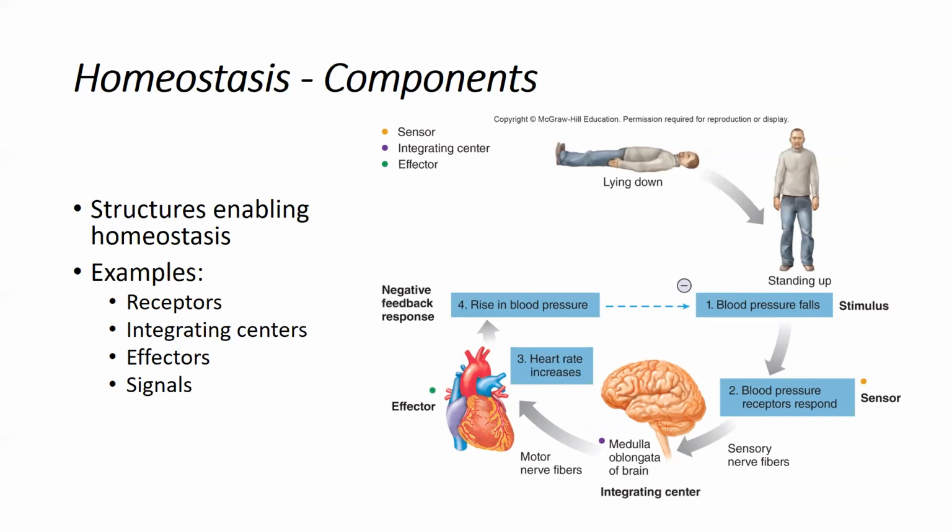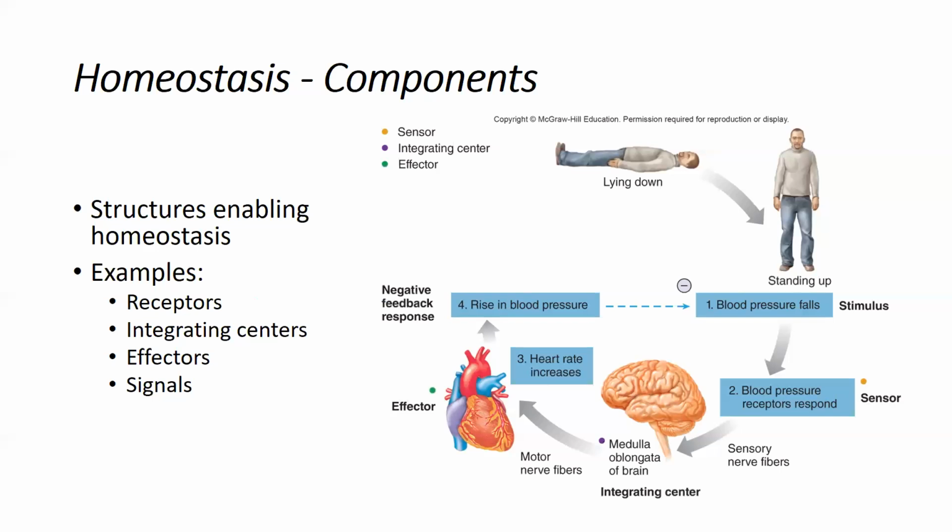As you mentioned before, these are usually found in the brain, the medulla oblongata. This is like the command center. It's going to send that signal to the integrating center in the brain, and the brain is going to take that information in, process it, and generate a response that is going to be in the best interest of correcting that stimulus.